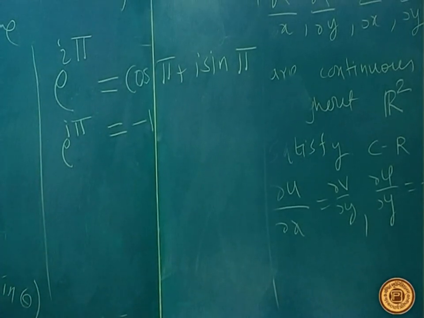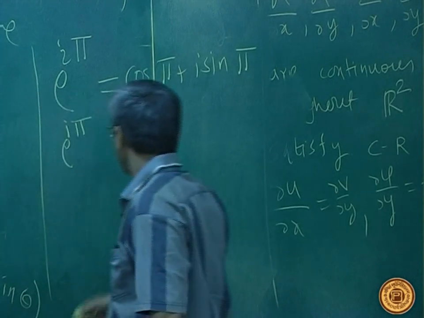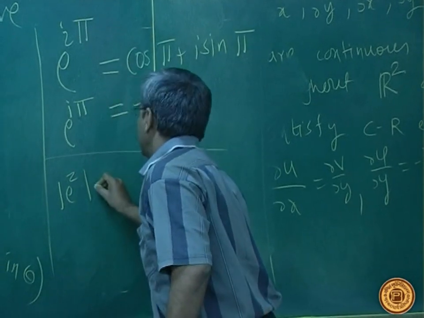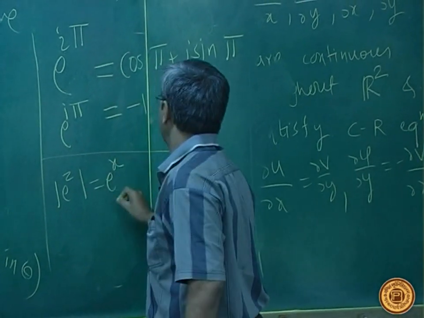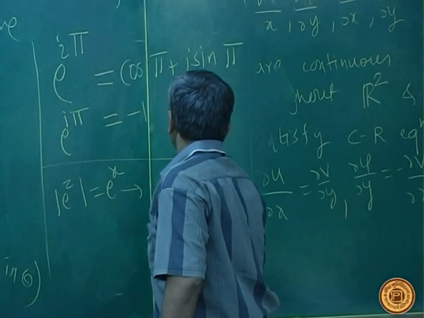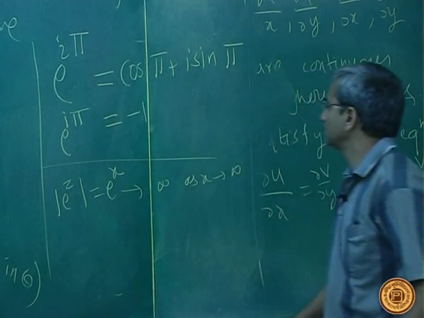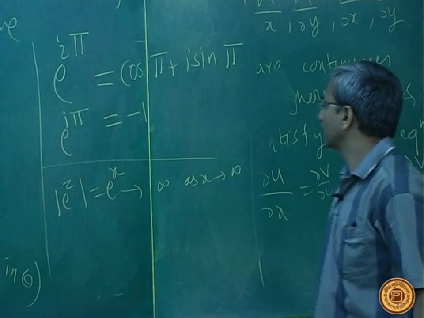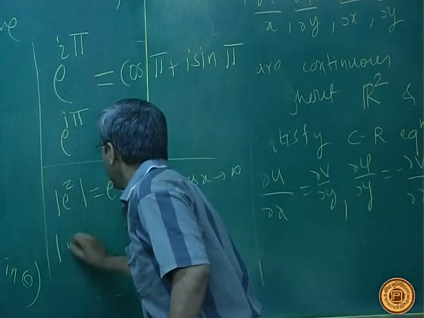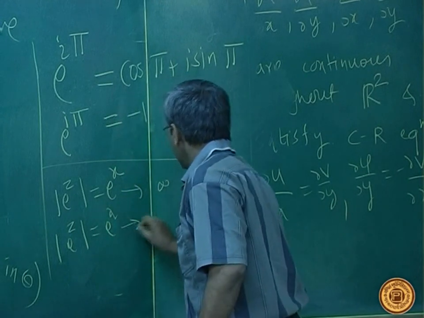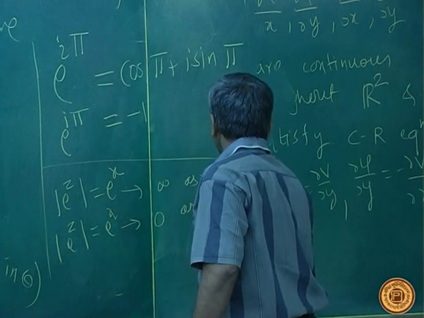Mod of e to the power z tends to infinity as x tends to infinity. Next property is mod of e to the power z, which is actually e to the power x. So this goes to infinity as x goes to infinity. And in fact mod of e to the power z is e to the power x, which goes to 0 as x goes to minus infinity.